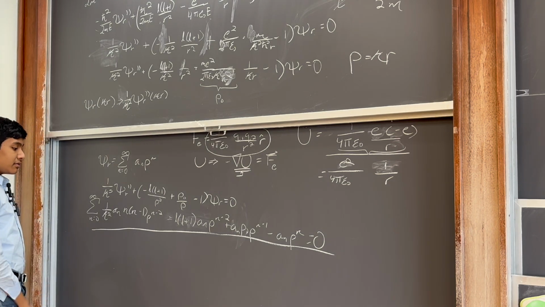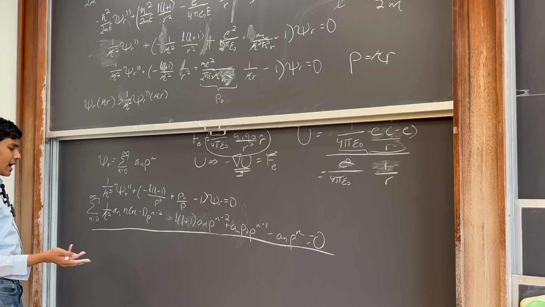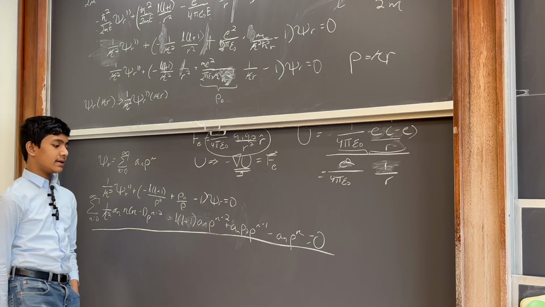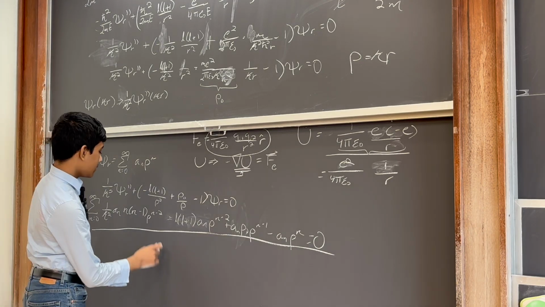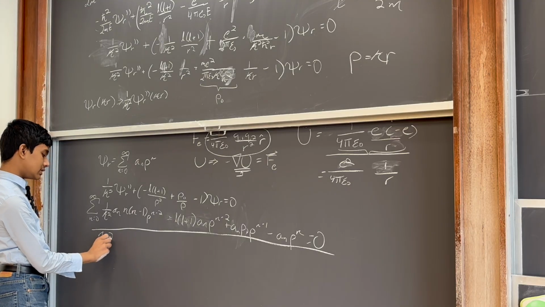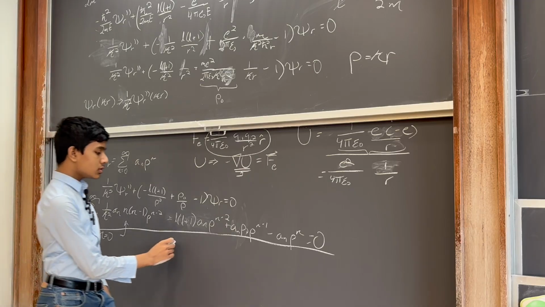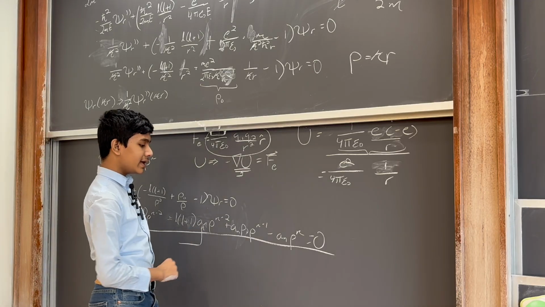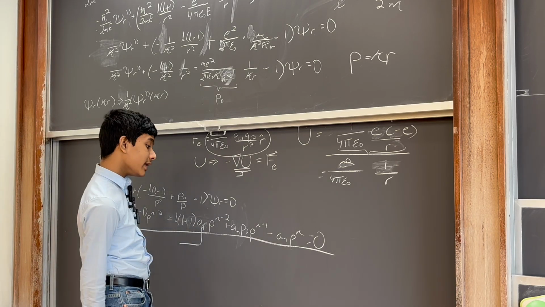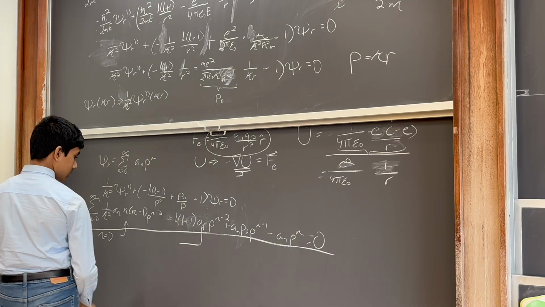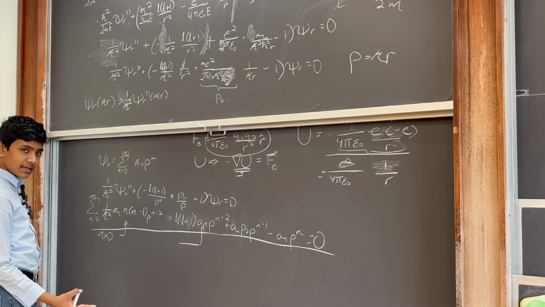Well, let's try to add up all of these terms and see what goes on. For n equals 0, we see that there's not just 1, but 2 terms of degree minus 2. That's kind of concerning. Can we fix that in any way?